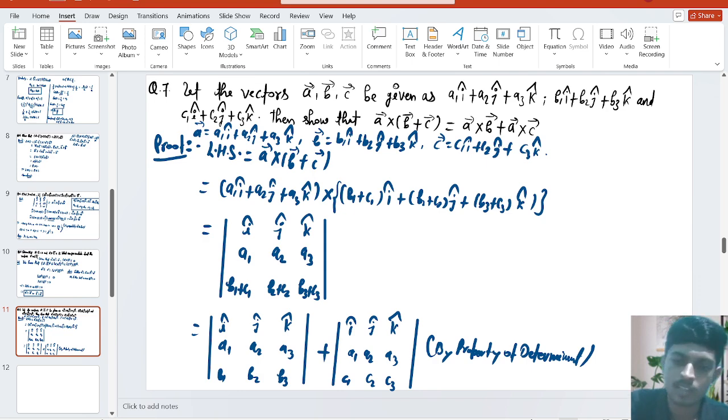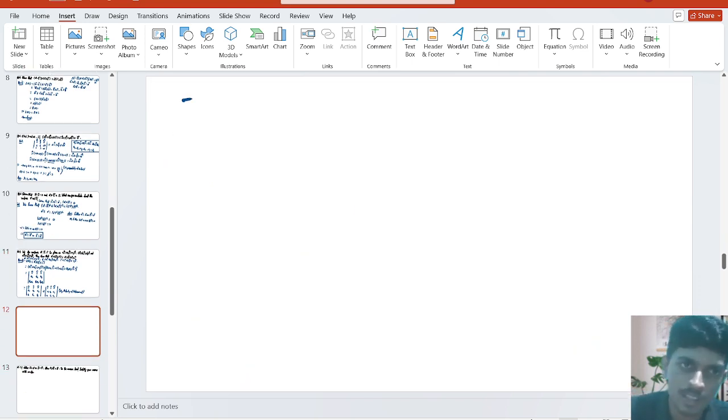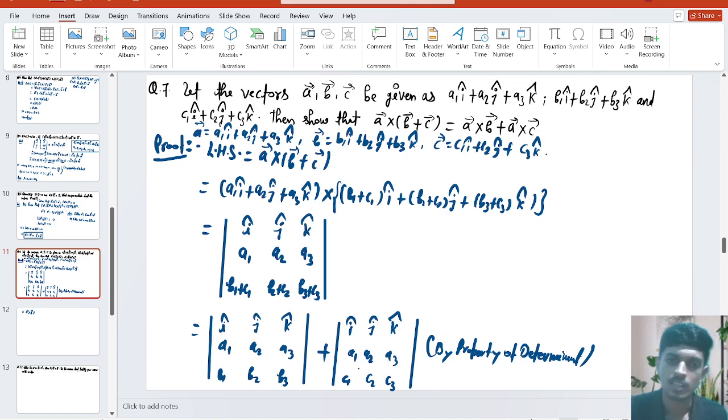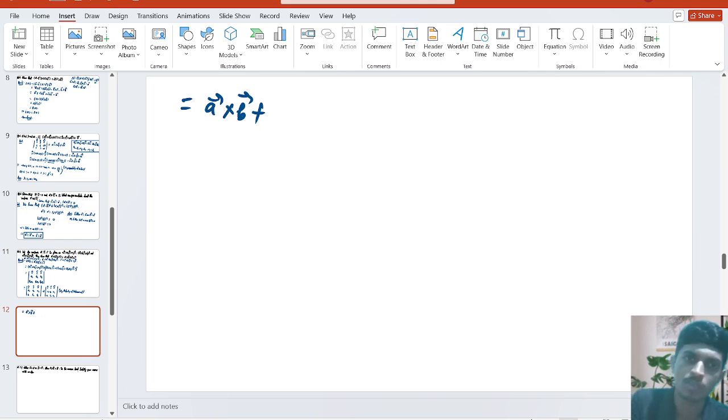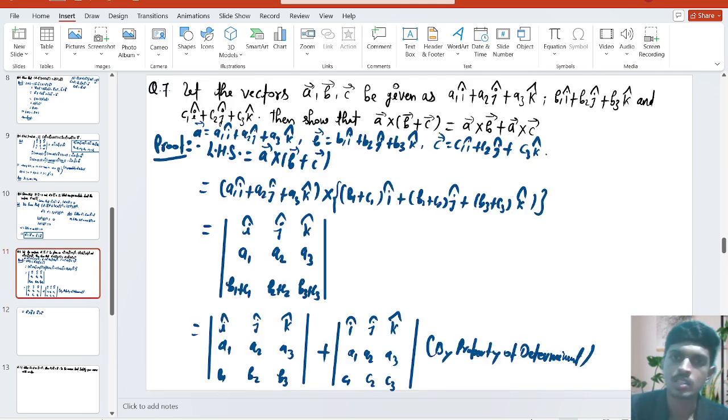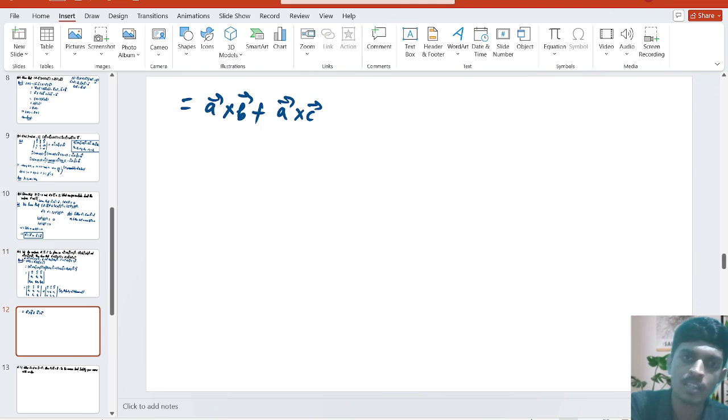Solving, you get vector A cross vector B, plus here the first component is the component of vector A and here the component of vector C. This is vector A cross vector C. So finally we say this is equal to RHS.